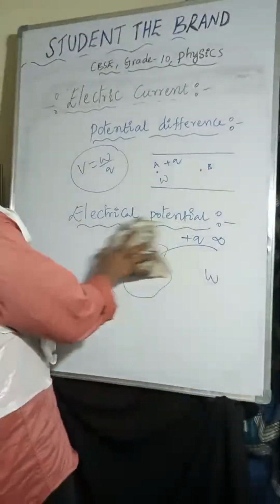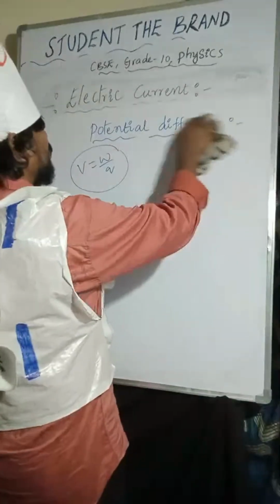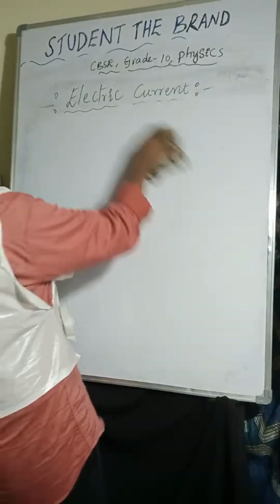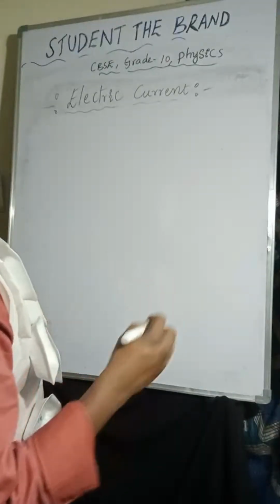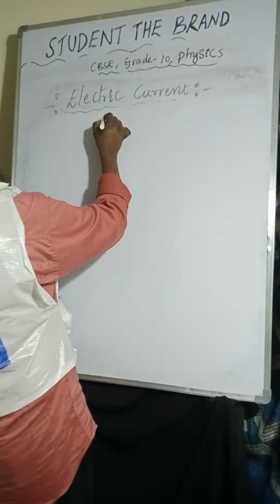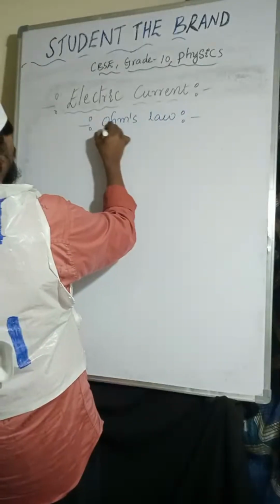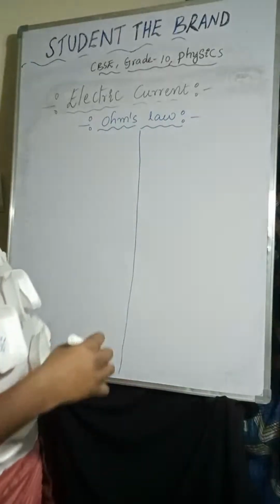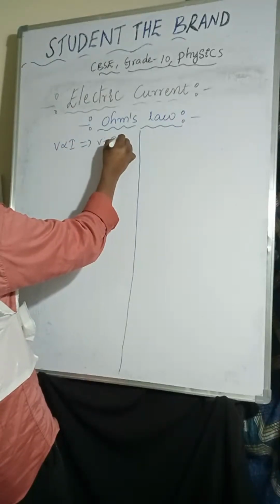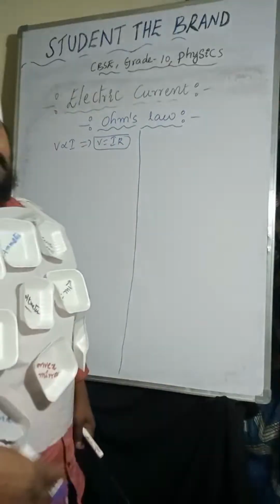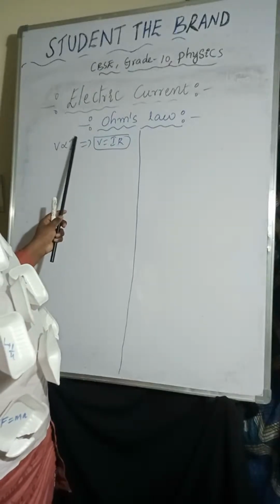Next we will discuss Ohm's law. Ohm's law is nothing but the potential difference across the ends of the given metallic conductor is directly proportional to the current flowing through it at a constant temperature.